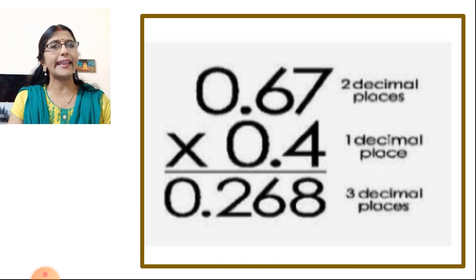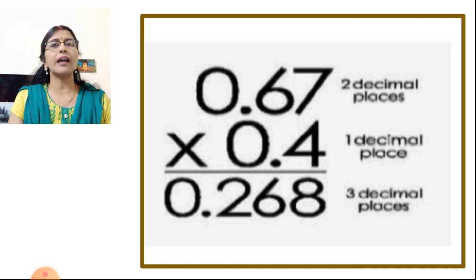So we'll write 8. You can see here 8 is written in the product, and then 2 we will carry over. Now 6 fours are 24. 24 plus 2 will be 26. So 6 is written. Again 2 we have to take to the next place, and then 4 zeros are 0 plus 2 is 2. So it is written 268.